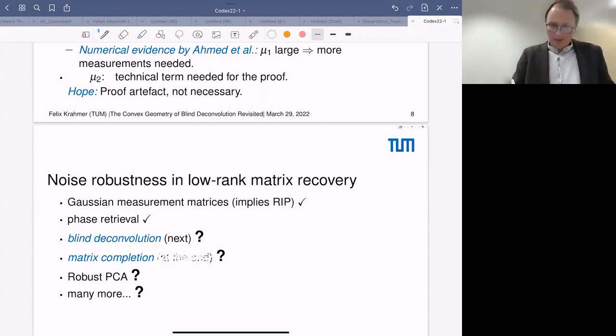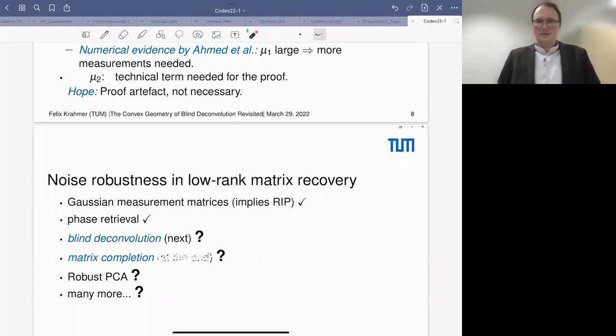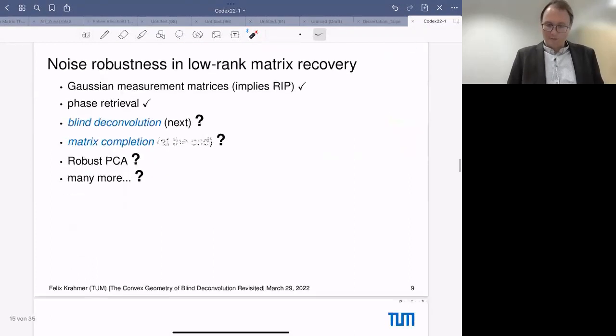You also don't have it in phase retrieval, when you have Gaussian measurements. Also, you have a scaling in the noise level that is linear. But for blind deconvolution and matrix completion, this was completely unclear, because in all the proofs that were available for these two scenarios, you had these factors. And then there's robust PCA and more problems that one could potentially study.